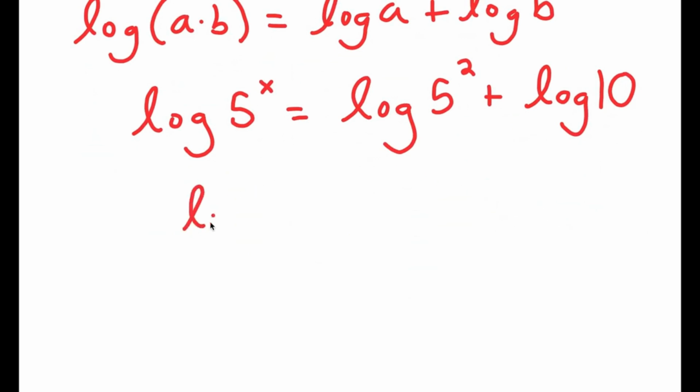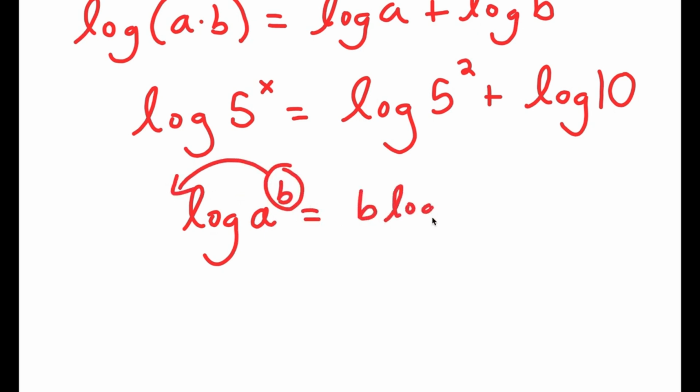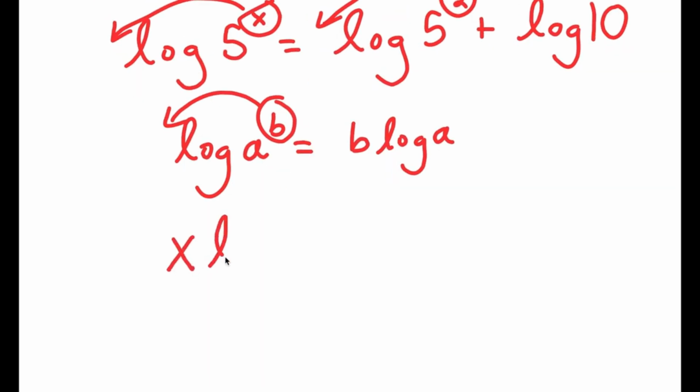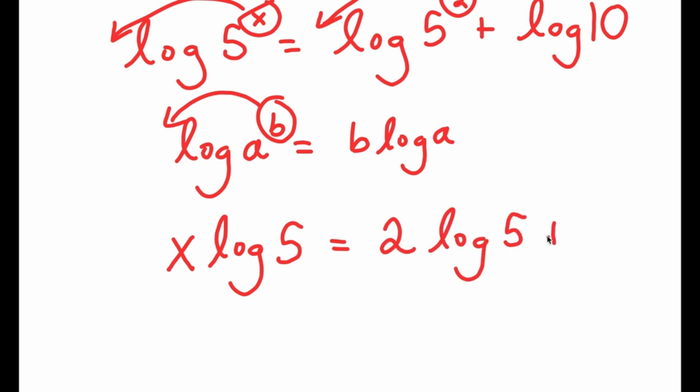Now, if I have something in the form log of a to the power of b, I can move this exponent b to the front. So this is going to equal b times log a. So in this case, I have log of 5 to the power of x. I can move x to the front, and I have log of 5 to the power of 2, so I can move 2 to the front. And I get x times log of 5 is equal to 2 times log of 5 plus log of 10.